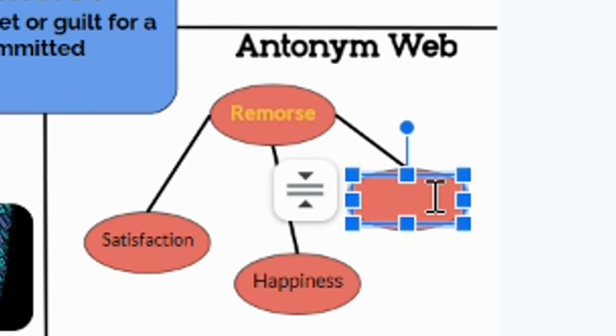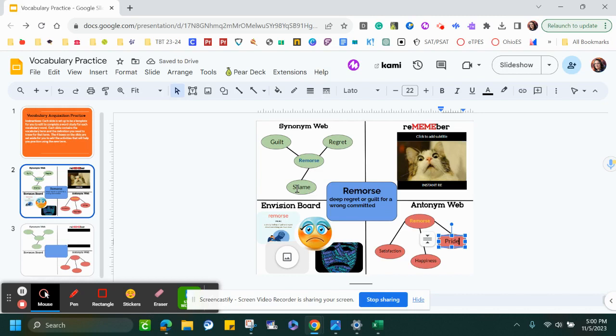So for this one, I already selected what I want to put in. We're going to put in the word pride, because I think pride is the opposite of shame. And if we're going with opposite words for remorse, if I felt shame, then the opposite of shame is that I'm going to feel pride.